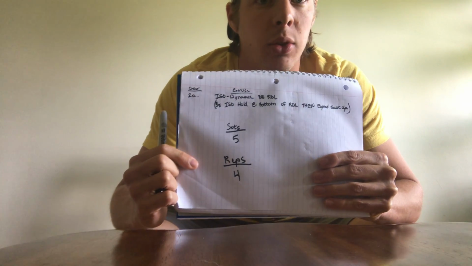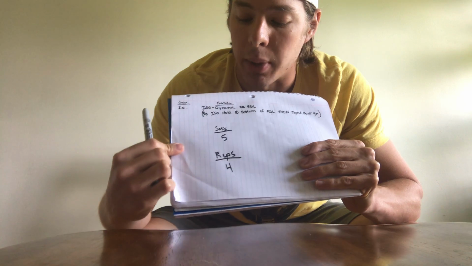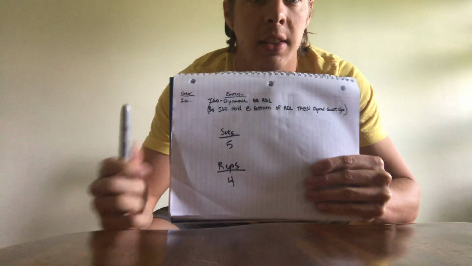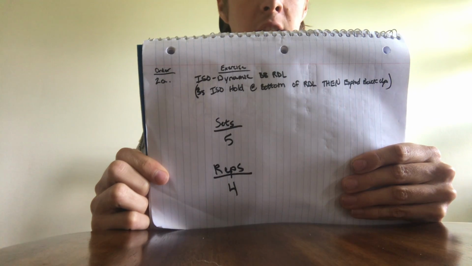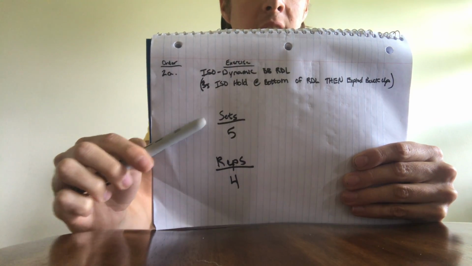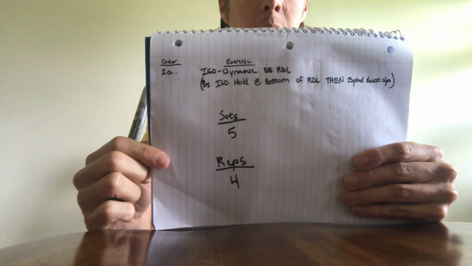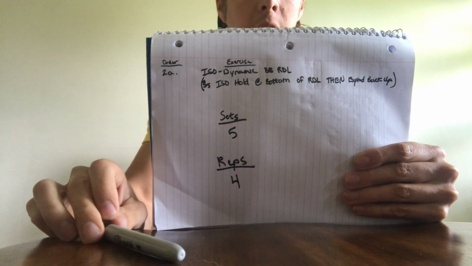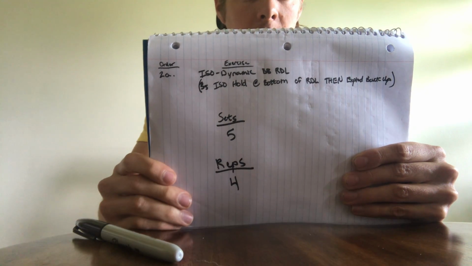Continue on to B, come back up, and then continue on to the second set. All right, guys? I think that right there is pretty self-explanatory. You have the exercise, sets, and reps, and don't worry, I will go over how that isodynamic barbell RDL looks like in another video as well, okay?